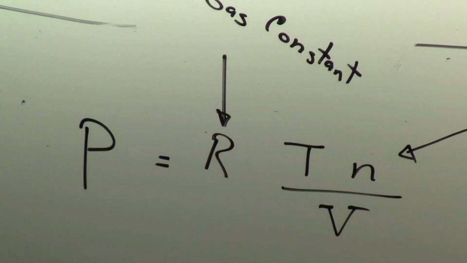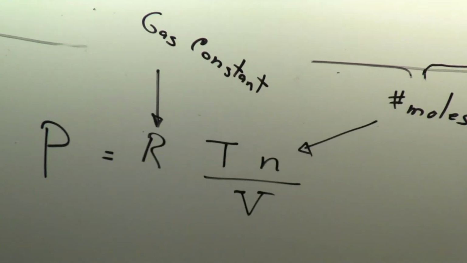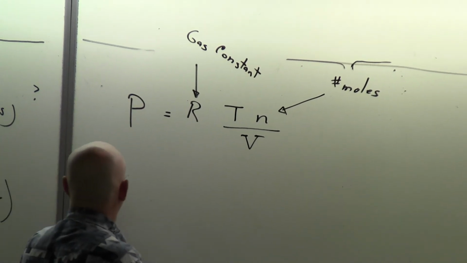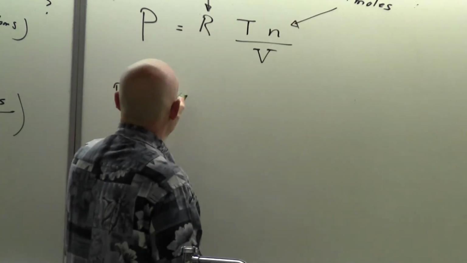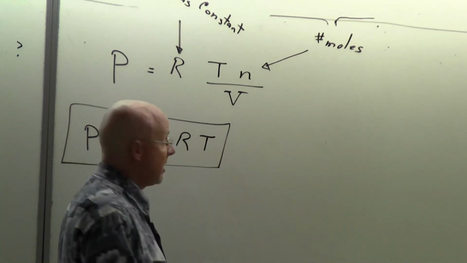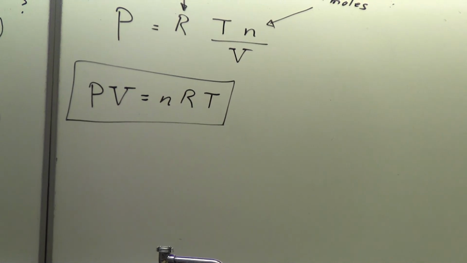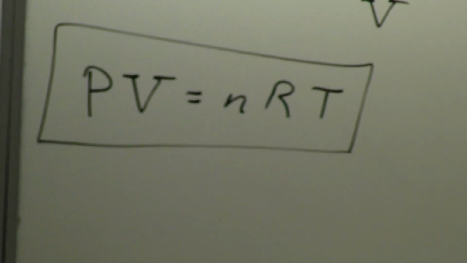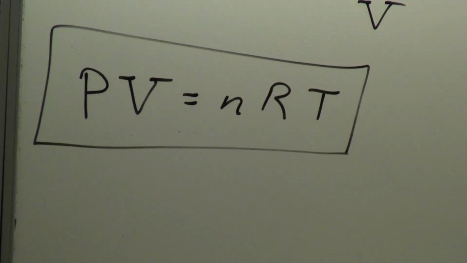The traditional choice has been R. If I rearrange this equation, it'll look like its more popular form: PV equals nRT. I'll put a box around that because I have a feeling that a lot of you have seen this equation, PV equals nRT. I prefer to show how it is derived.